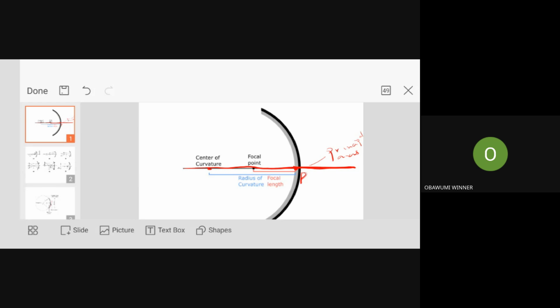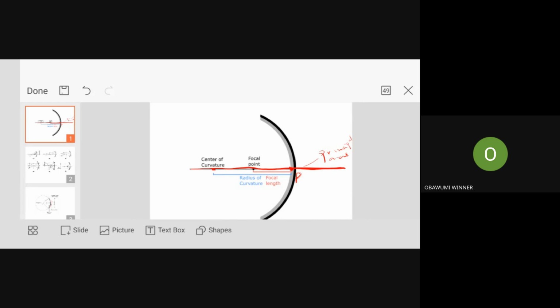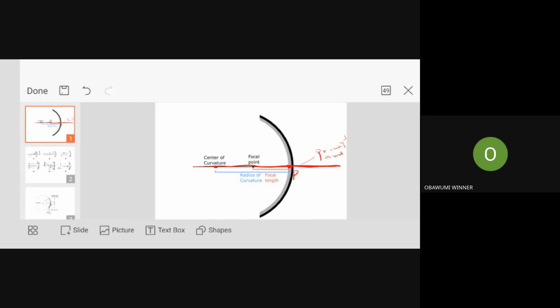These things are very important because in an exam, you can see things like: write short notes on the following terms associated with concave mirrors, and then they will list them out for you.